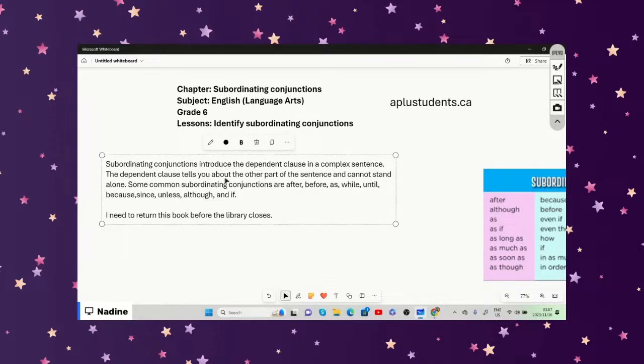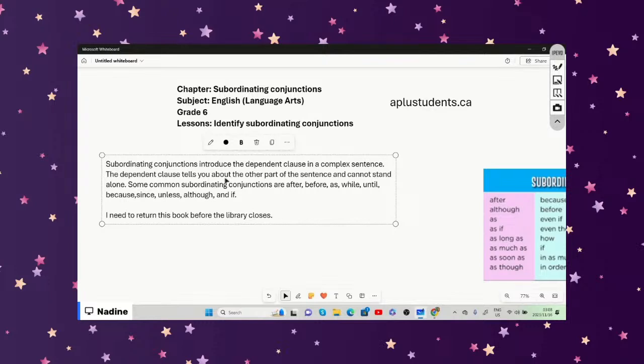An independent clause can stand on its own and it expresses a complete thought. Whereas a dependent clause, it's almost like it needs to latch onto an independent clause within a sentence because it cannot stand on its own.